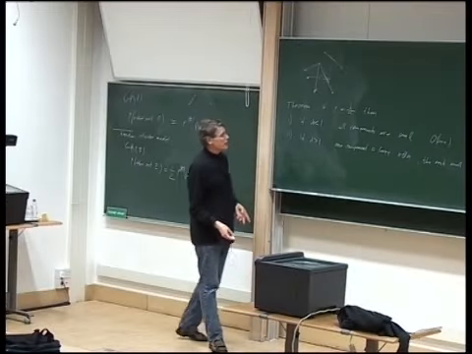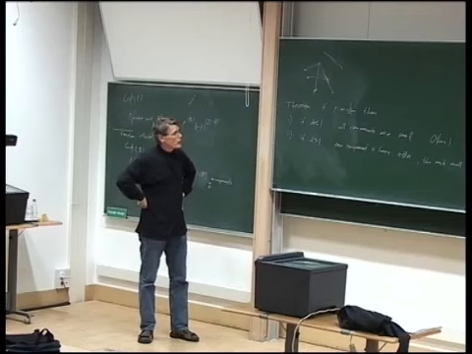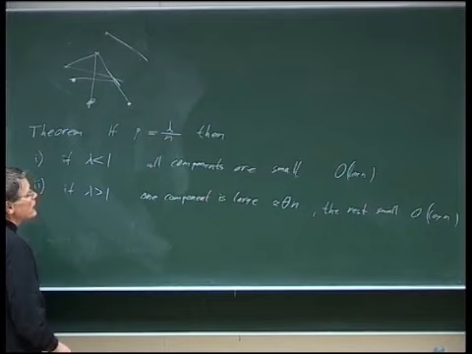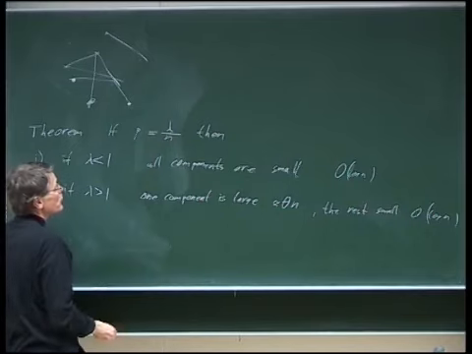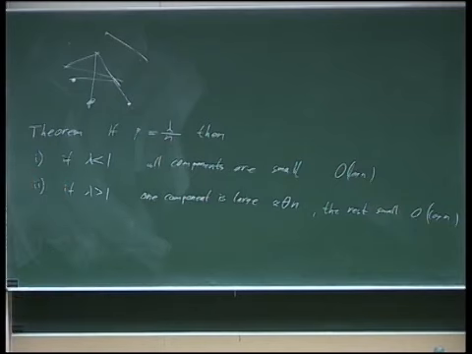And you see, I haven't said exactly what happens when lambda is equal to 1. And there, of course, it's more sensitive. First of all, it's not perhaps so important what happens exactly at p equal to 1 over n. You could think of 1 plus some little o(1) over n, and then it depends on how it approaches 1.